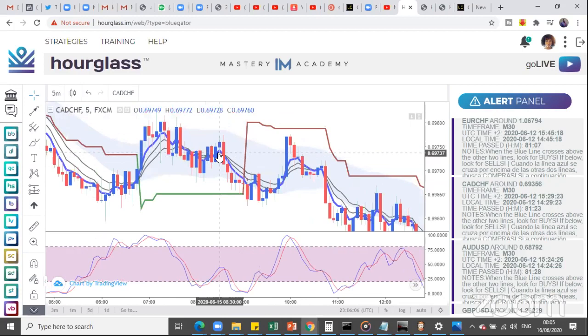The 2 black lines cross down, I will not sell here. Why won't I sell? The trade is telling us that we are in a buy zone, so I would rather buy. Look at the cross up. So when you do this trade on 5 minutes, you are good. If you enter on 5 minutes, you roll over, and you close this trade in profit. You roll this trade, you close the trade in profit.